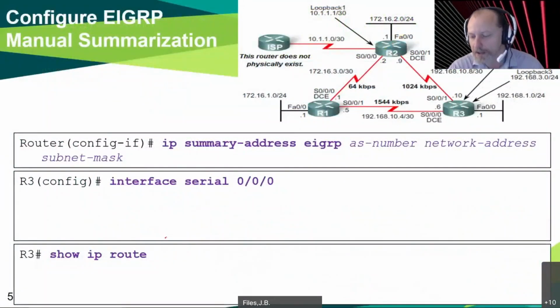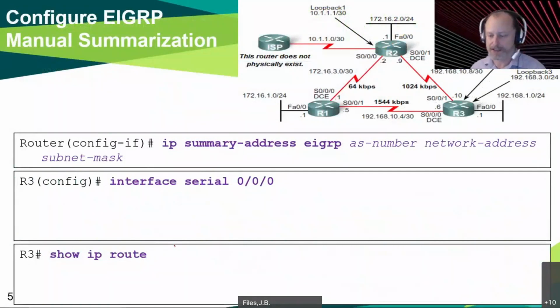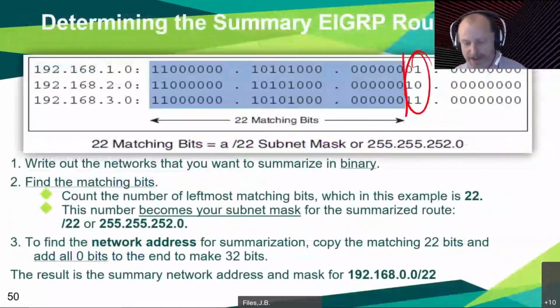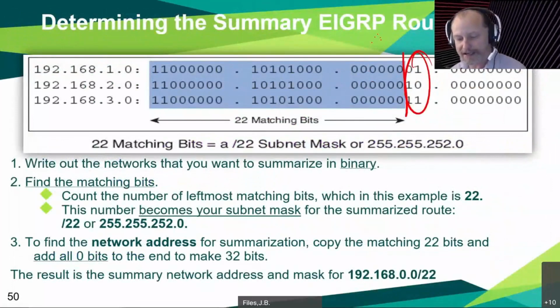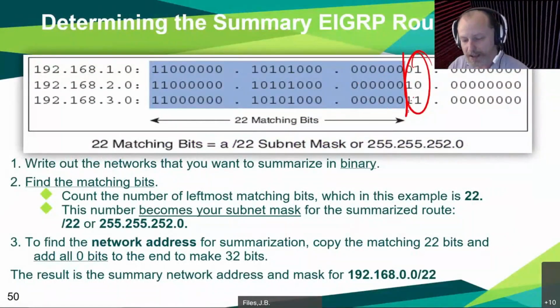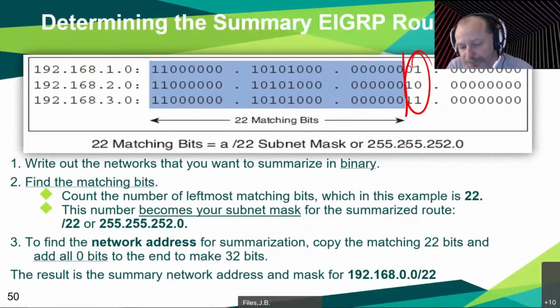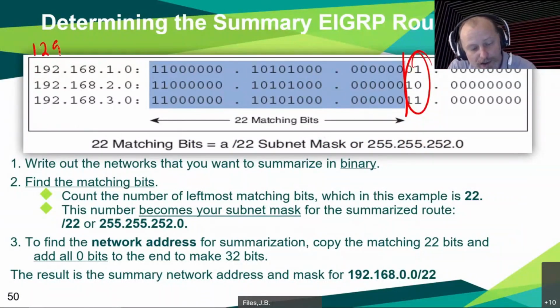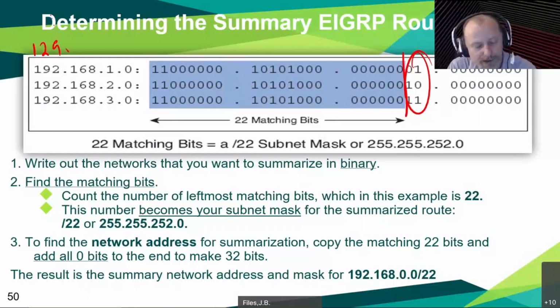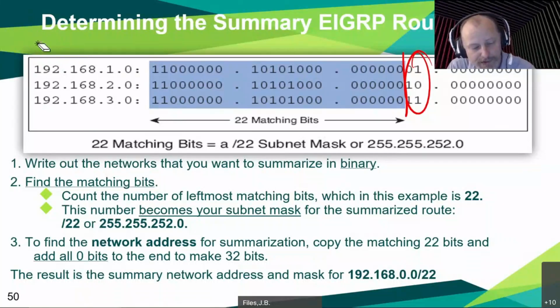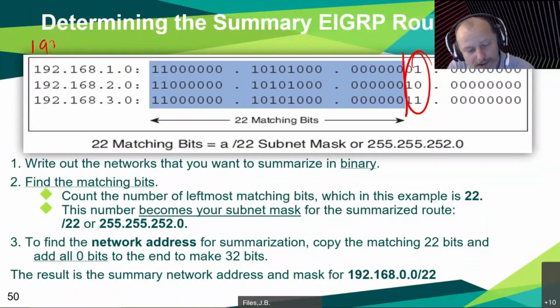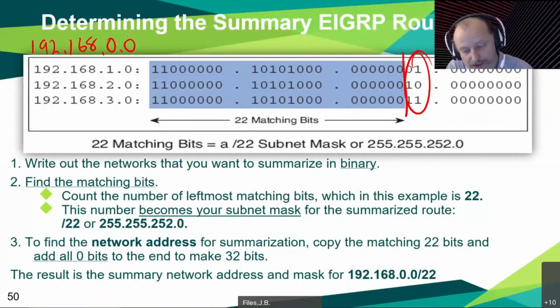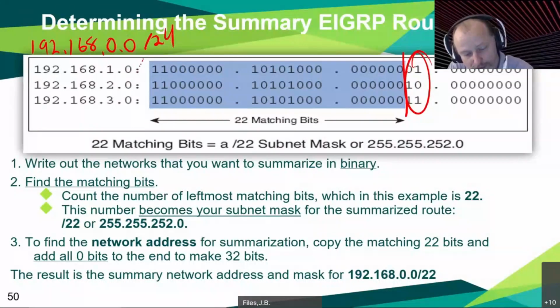So let's just say for the sake of argument, let's advertise. So you'll notice this is also including 192.168.0.0/24, right?